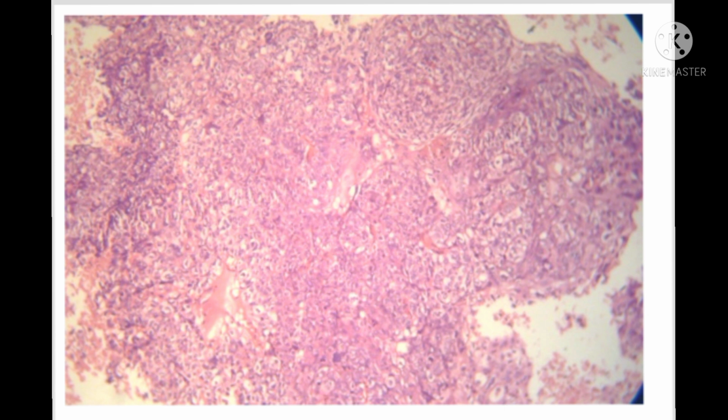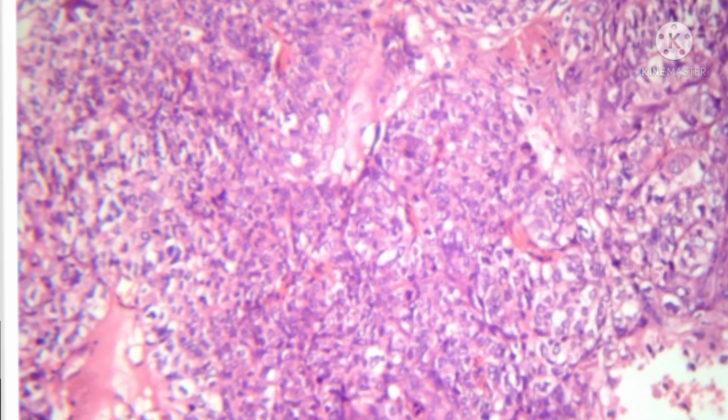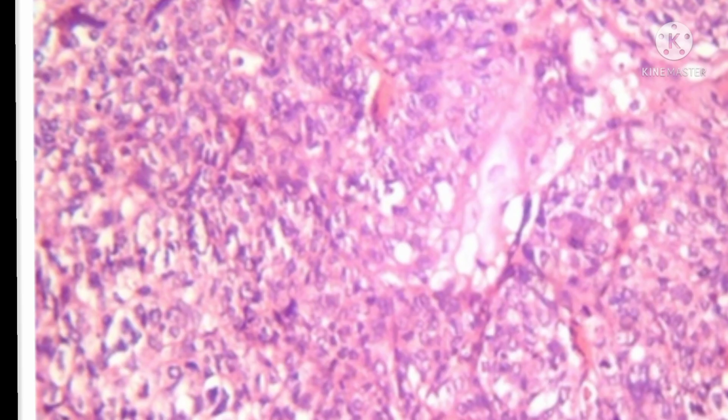Here we can see there are irregular epithelial lobules with infiltrative growth in the dermis. Slides 1, 2, 3, and 4 show infiltrative growth in the dermis. Here we can see differentiated and undifferentiated sebaceous cells with nuclear atypia and mitotic figures, and there is nuclear pleomorphism.